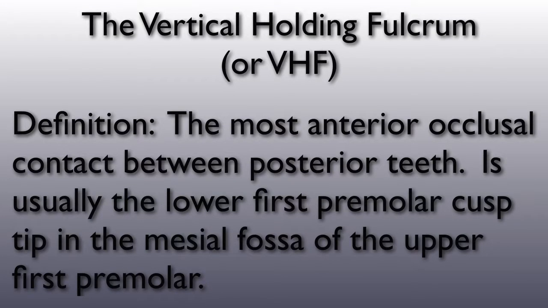Again, for review, we must keep in mind the definition of the vertical holding fulcrum. It is defined as the most anterior occlusal contact between posterior teeth. That is usually the lower first premolar cusp tip in the mesial fossa of the upper first premolar.